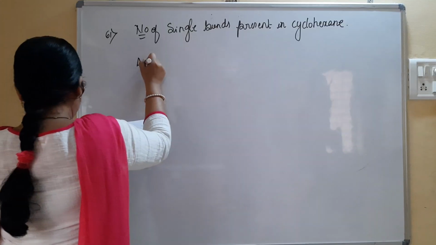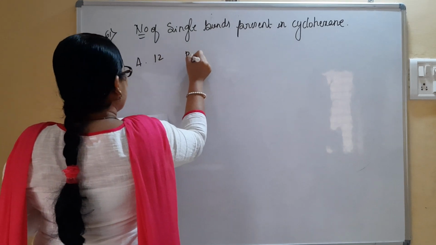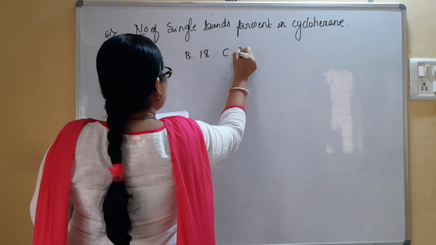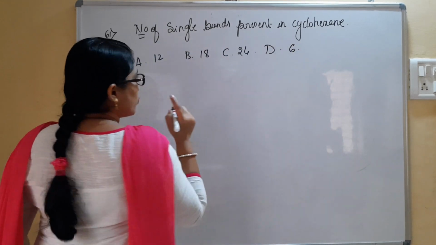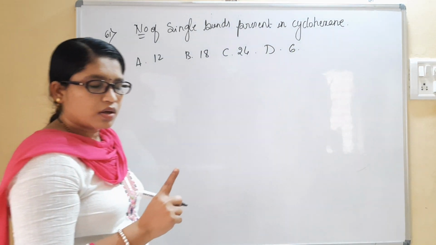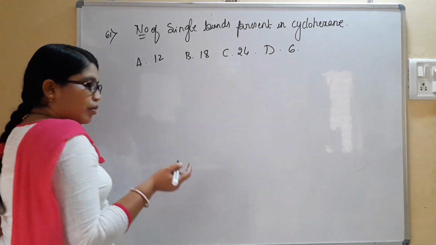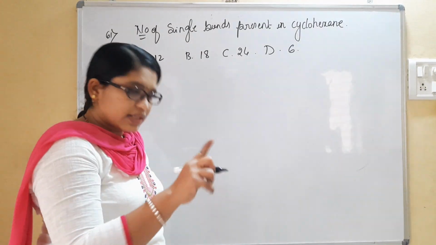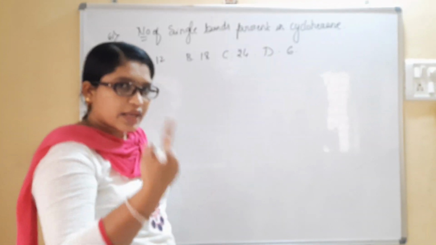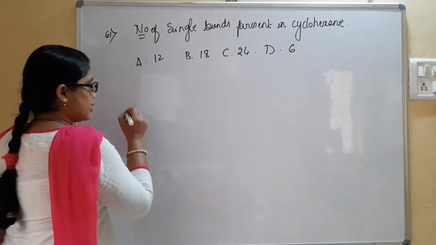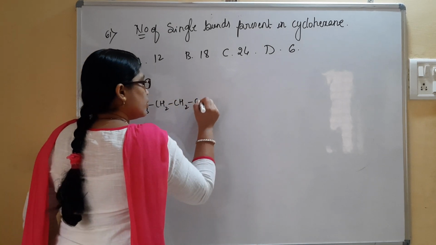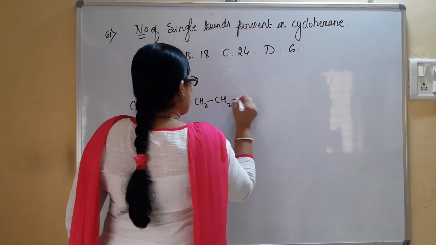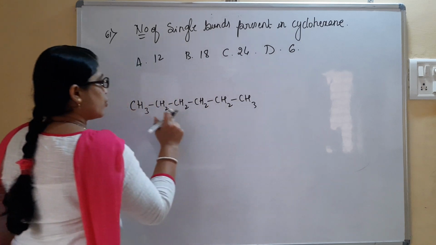A 12, B 18, C 24, D 6. Okay, so first and foremost we have to write the structure of cyclohexane. Before we write cyclohexane, let us write normal hexane, with which we can write cyclohexane. So CH3, CH2, CH2, CH2, CH2, CH3, carbons 1, 2, 3, 4, 5, 6.